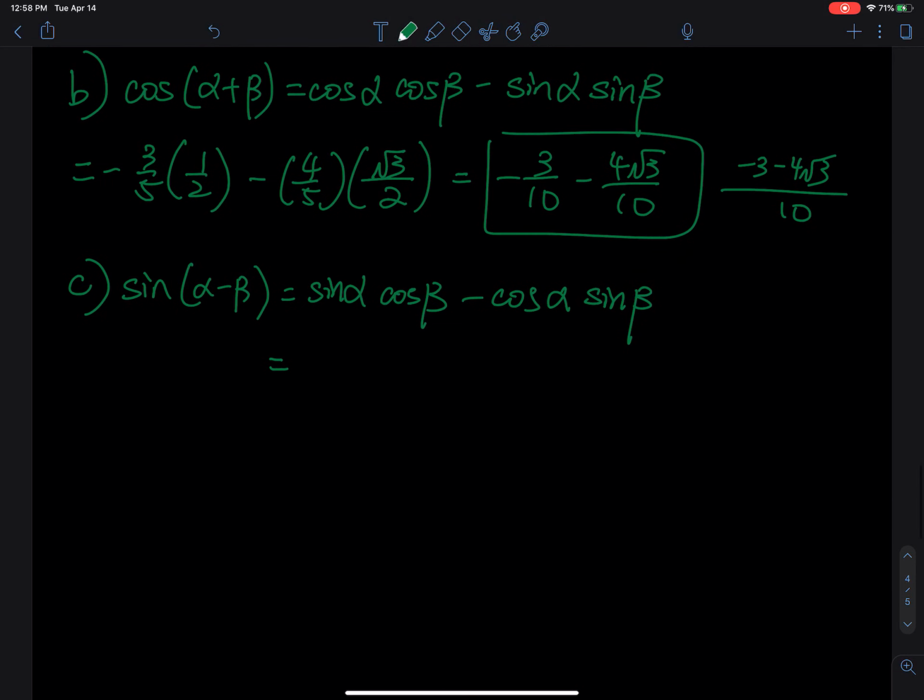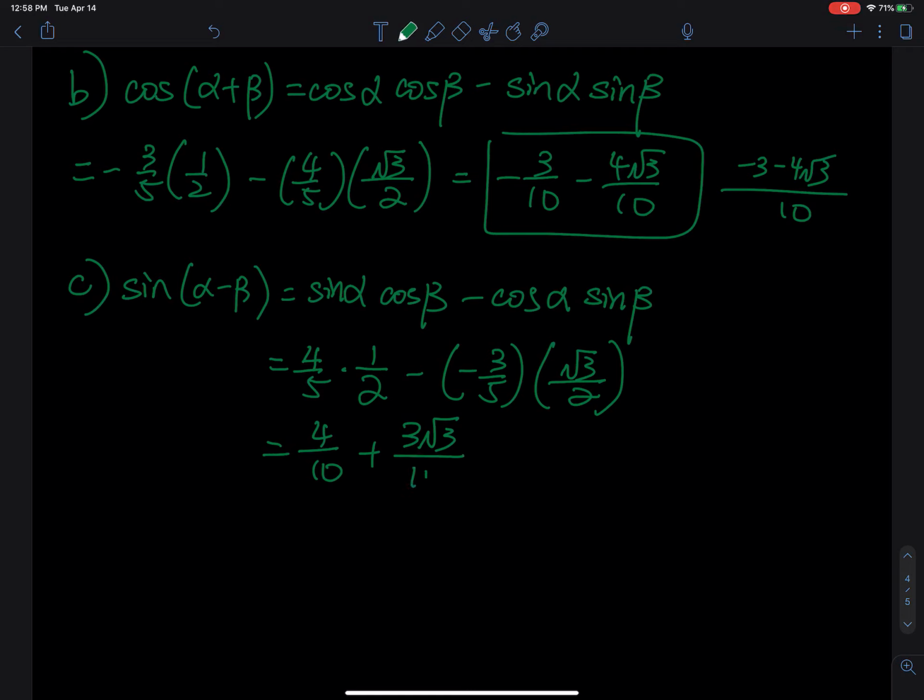So 4 divided by 5 times 1/2 minus 3 over 5 times root 3 divided by 2. And then this is 4 over 10 minus, no, not minus, a plus 3 root 3 divided by 10. All right, that is your answer. Or you can write 4 plus 3 root 3 divided by 10.